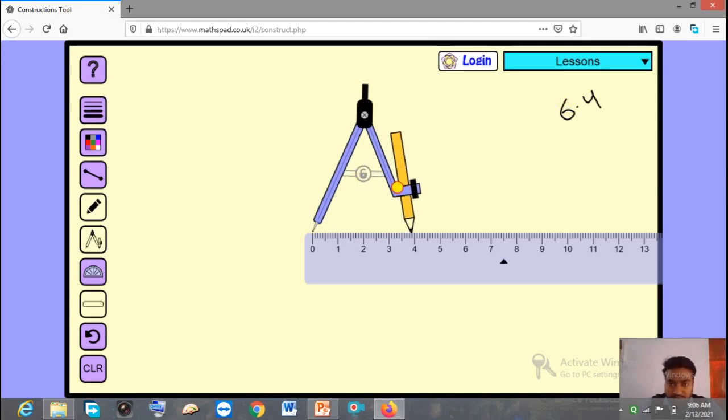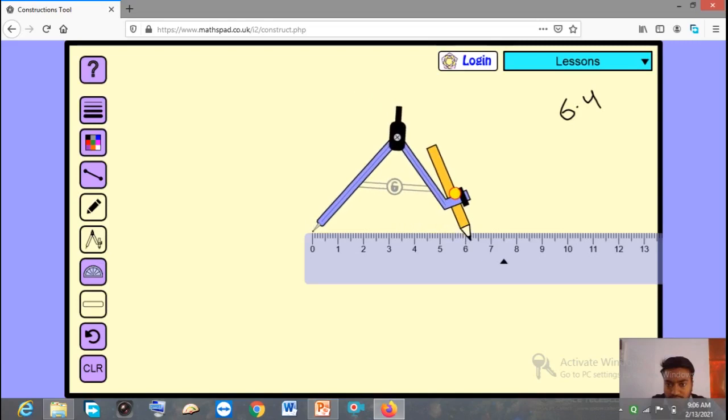Now I'm going to stretch 6.4 here: 6.1, 6.2, 6.3 and 6.4.